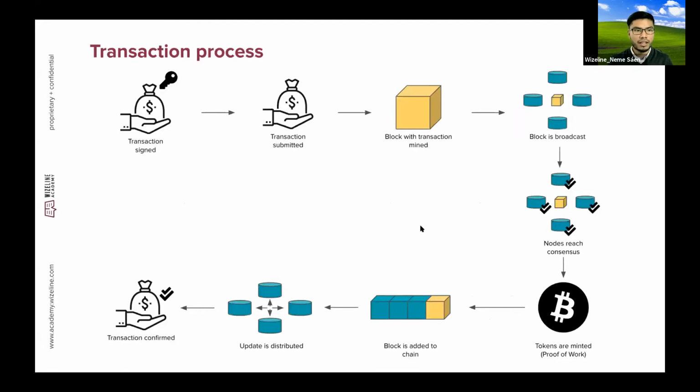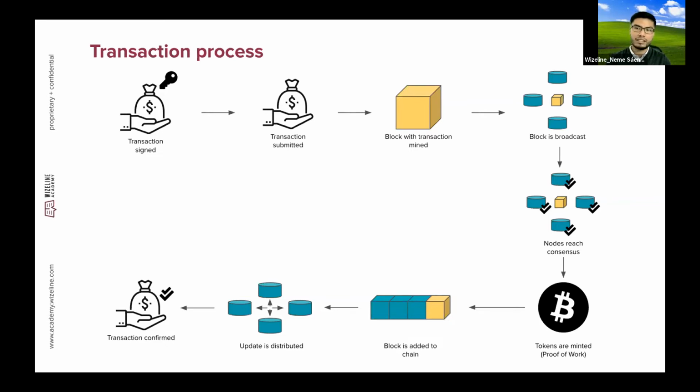Next slide, please. Yeah. So in this diagram, you can see the whole transaction process. It starts when we create a transaction and sign it. So for example, let's say that Alice wants to send Bob 100 coins. Alice has to create a transaction, and she has to sign that transaction using her private key.